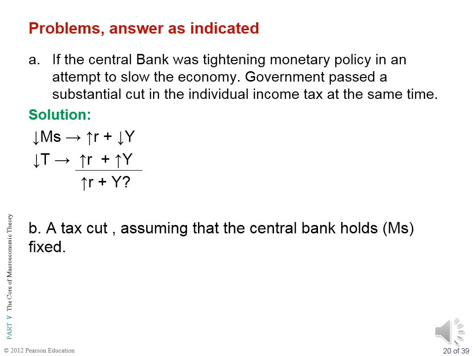An increase in consumption will increase aggregate expenditure, so Y will increase. This will increase demand for money, which will increase R. So Y will increase and R will increase. But note, maybe this is the first time I'm saying it in the lecture, that the effect of T reaches Y through consumption.